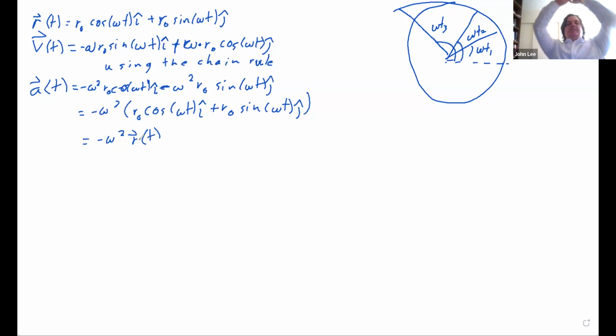So from this we can tell two things about the omega squared.